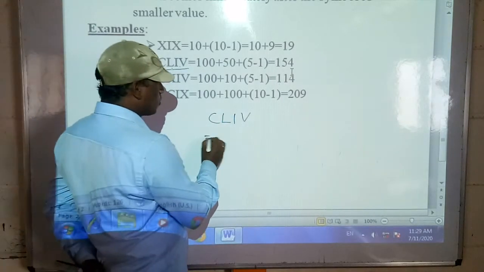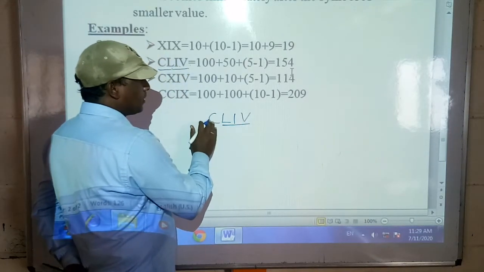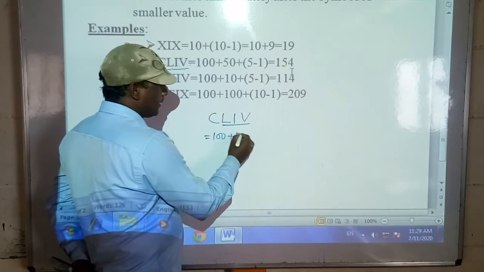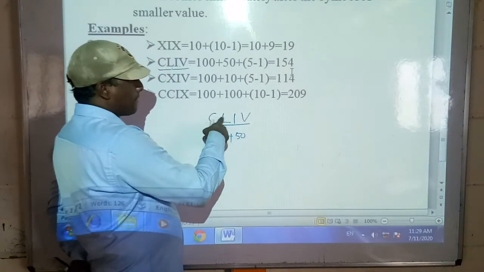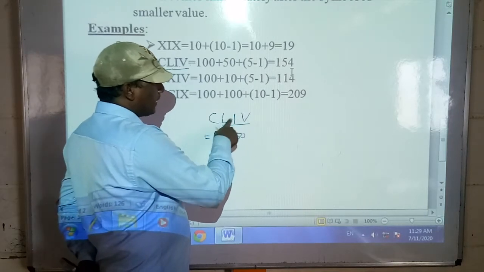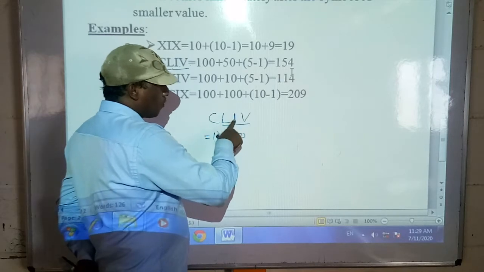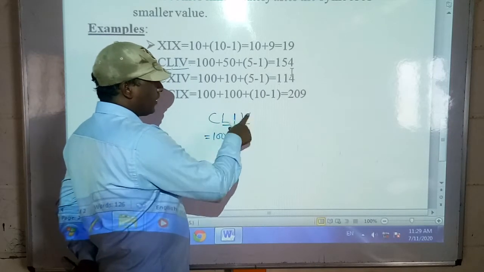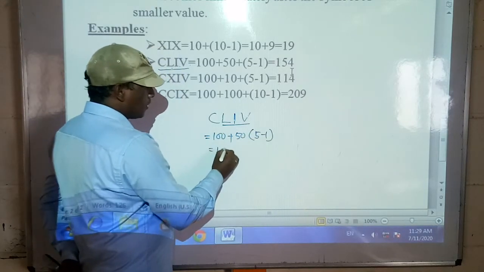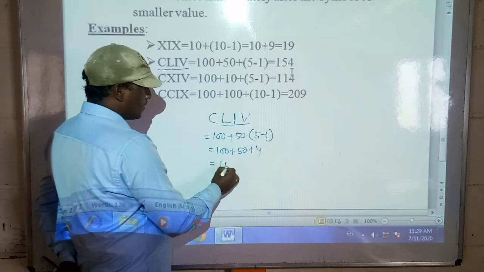First of all, C is the big number, so 100 first, plus L, 50. Observe here: C plus L, and then L and V have I between them. So I will be subtracted from V. So 5 minus 1 is 4, and 100 plus 50 plus 4 is equal to 154.